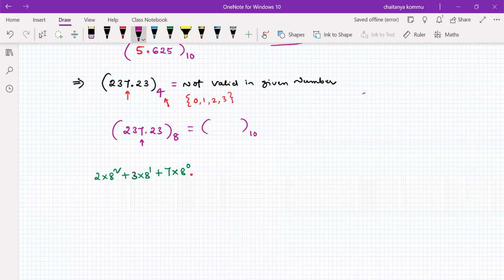So what about this side? 2 is multiplied with 8 to the power of minus 1, plus 3 into 8 to the power of minus 2. Can you help me? What is this number?